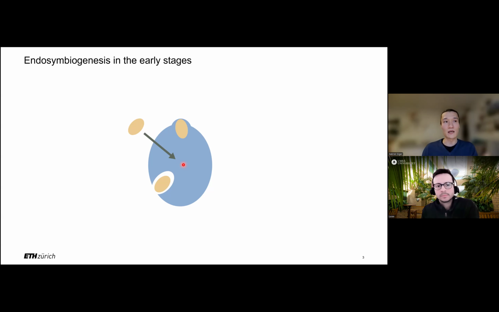And so we've thought about this and we've done some experiments as well. This is a quite challenging process for an endosymbiont to make work. If you just pair a random bacterium with a random host, chances for this working are basically zero.